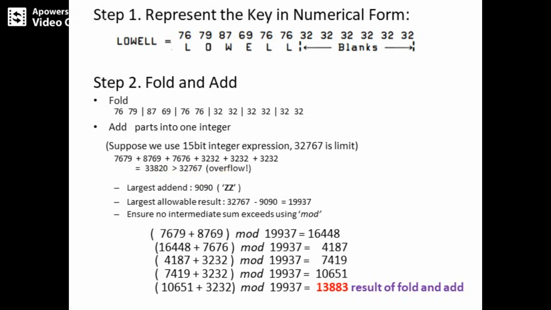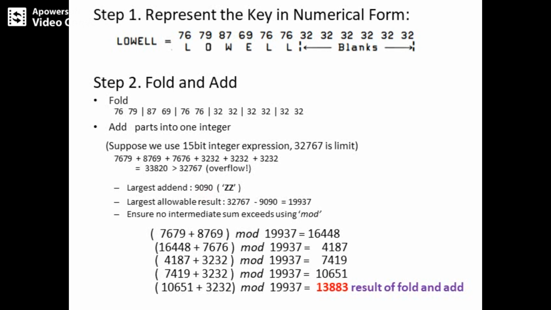I don't want any overflow here. So I will select the largest addend. The largest addend you can consider is ZZ, as the largest character is Z. So ZZ will be the largest addend. The ASCII characters are 9090, so after folding I get 9090.